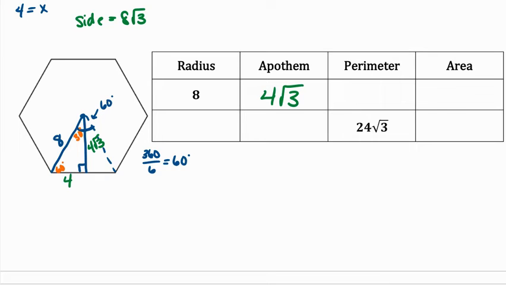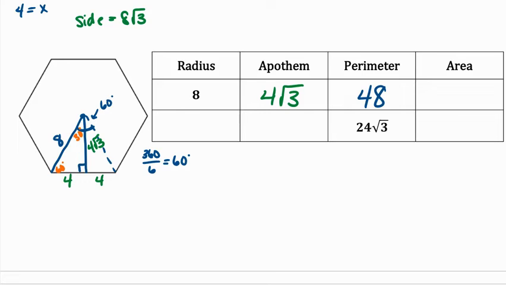Remember, your altitude or your apothem splits your side in half. So if that piece is 4, then this piece is also 4. So our side lengths are 8. There are 6 of those, so our perimeter would be 8 times 6, or 48. Notice here that your radius and your side length are the same.